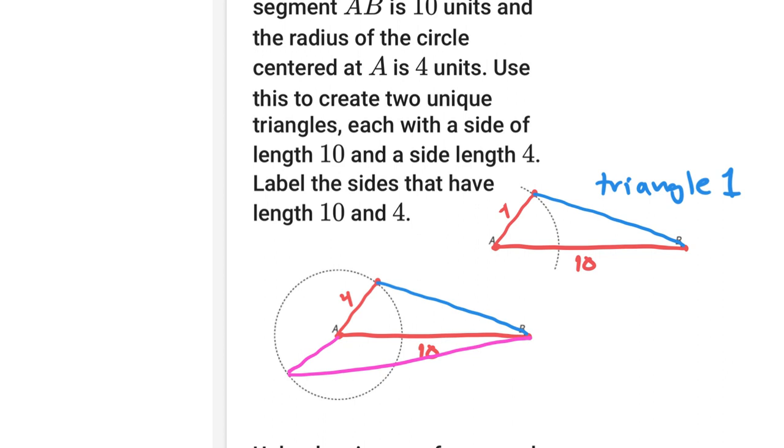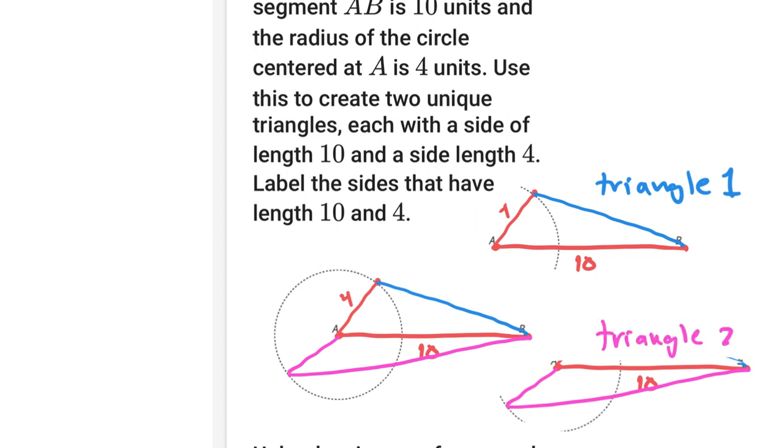And that would give me another triangle. There we go. That is triangle 2. It's important to note that there are 2 different triangles. If we were to measure the angles of each of these, they would be completely different angles there. So that's it. 2 separate triangles.